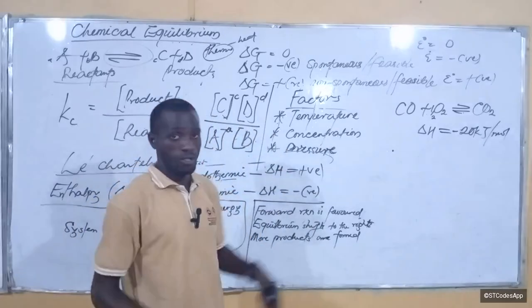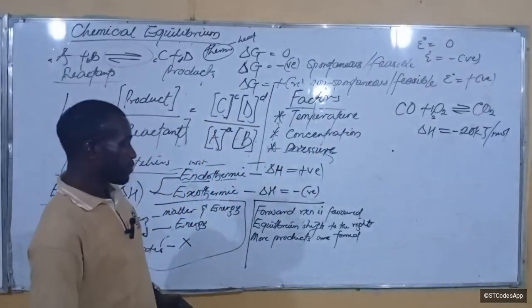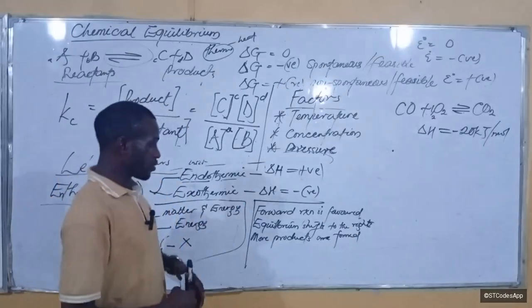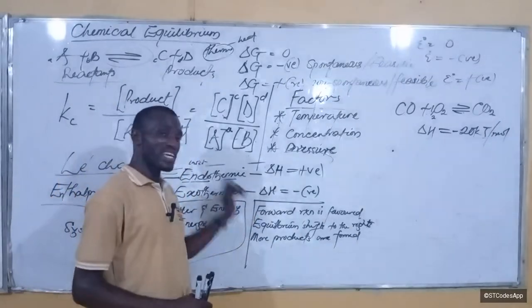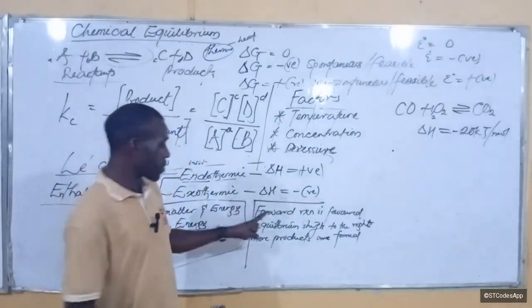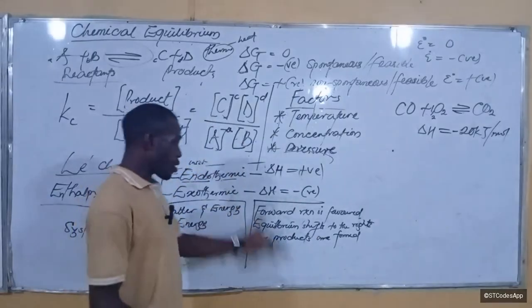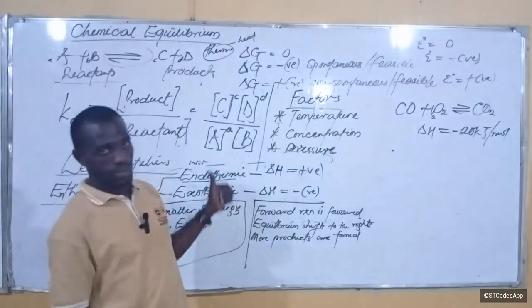For example, in this case, it's CO2, carbon dioxide. More carbon dioxide is formed. These are the 3 statements we use. This is for a case where forward reaction is favored. In the case where backward reaction is favored, you say backward reaction is favored, equilibrium shifts to the left, more reactants are formed.